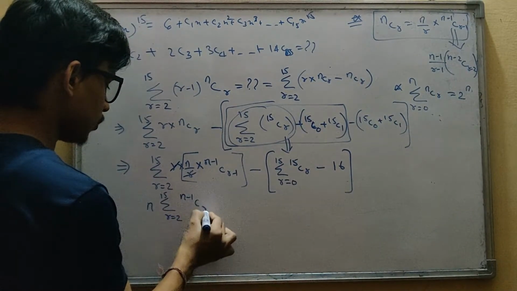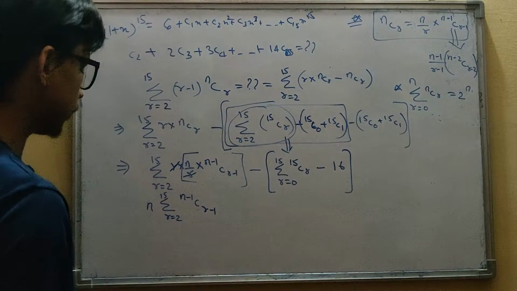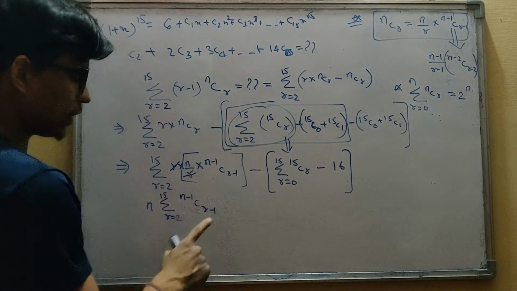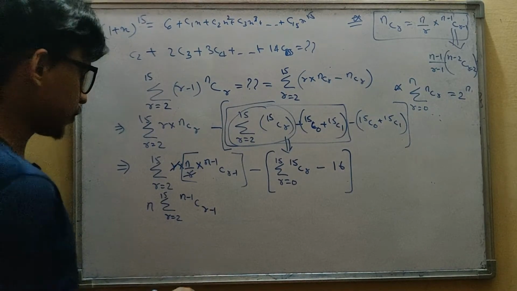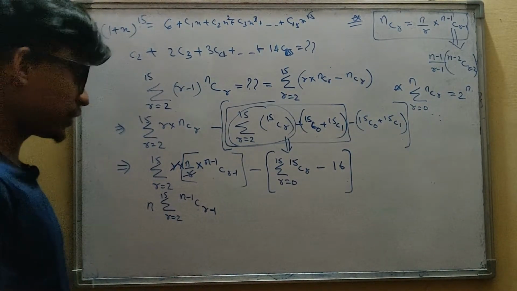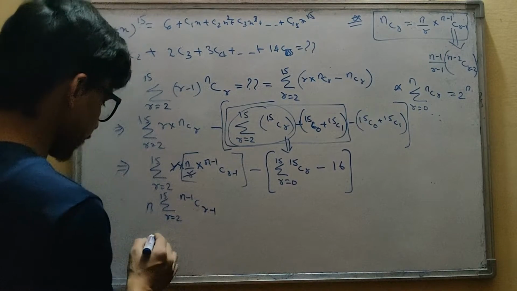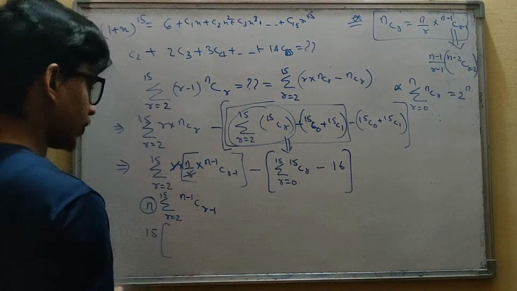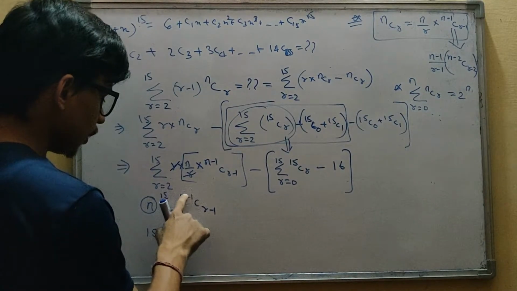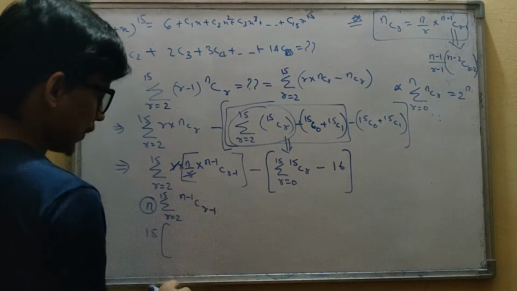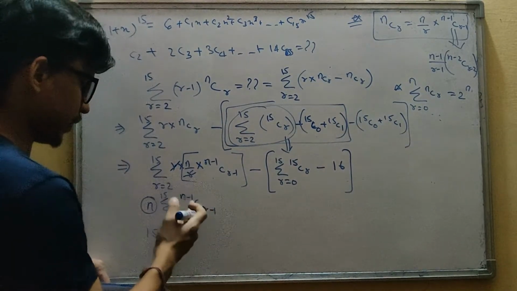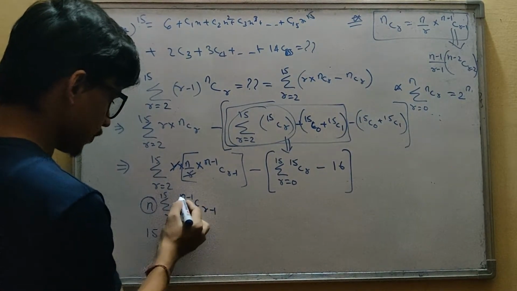Okay, so what I can do about this? Now see, if I put r equals 2, it is going to be 2 minus 1, which is 1. So what is n? n is 15. So n is going to be 15, and from here, n minus 1 c r minus 1. So n is what? n is 14. Oh, sorry, 15. So this is going to be 15, and 15 minus 1 is 14.